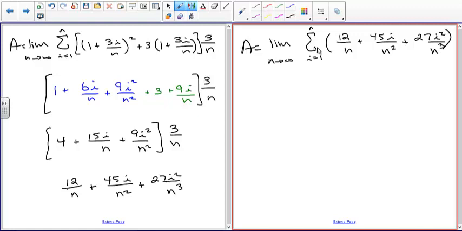So now what we're going to do is make this into 3 separate summations. So we're going to take the limit of this whole thing.